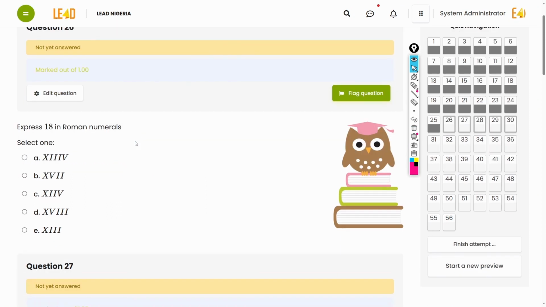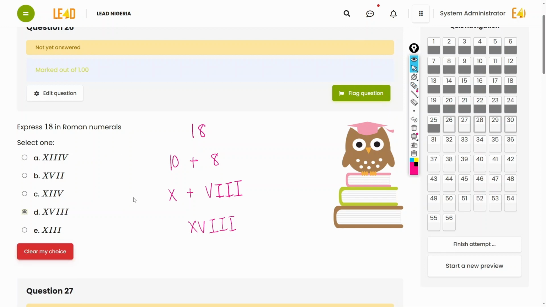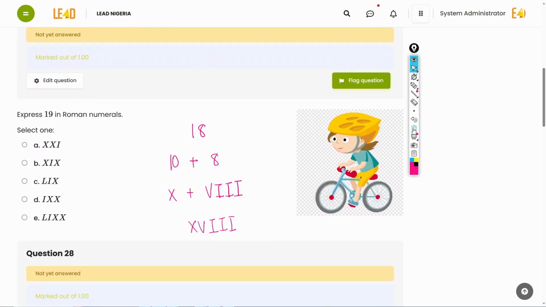Express 18 in Roman numerals. 18 is 10 plus 8. 10 is X. 8 is 5 plus 3, V, I, I, I. So it's XVIII. That's option D. Express 19 in Roman numerals. 19 is 10 plus 9 in expanded form.